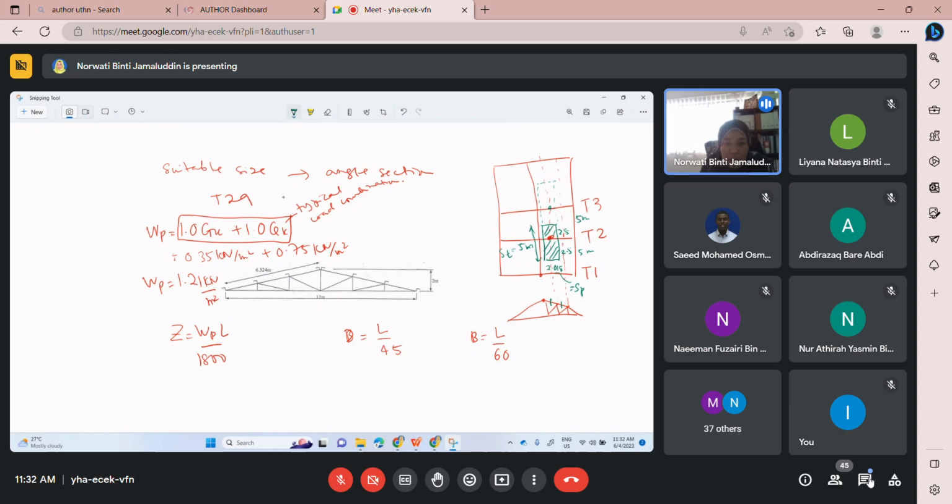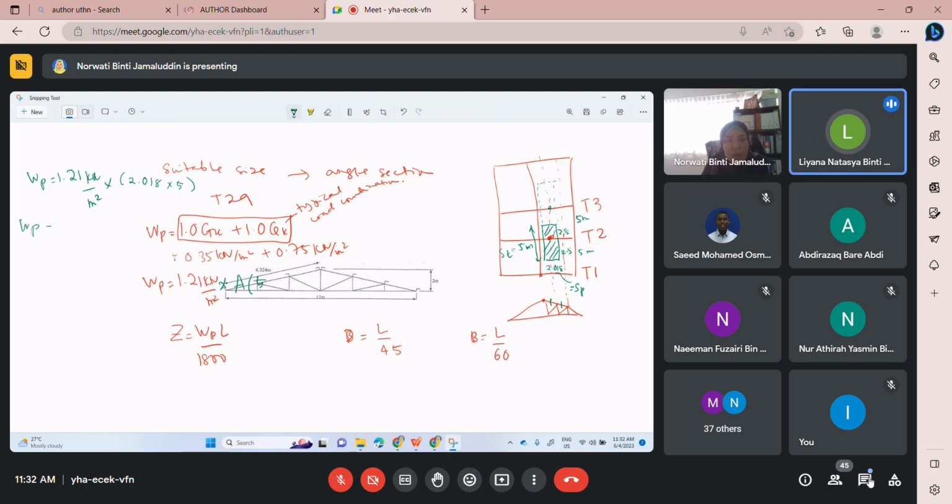Then WP should be multiplied by area. Area in this case is 5. WP is 2.21 kilonewton per meter squared, multiplied by area. Area in this case is 2.018 times 5 meter.